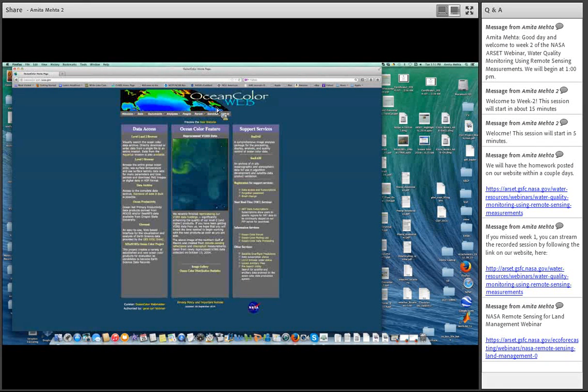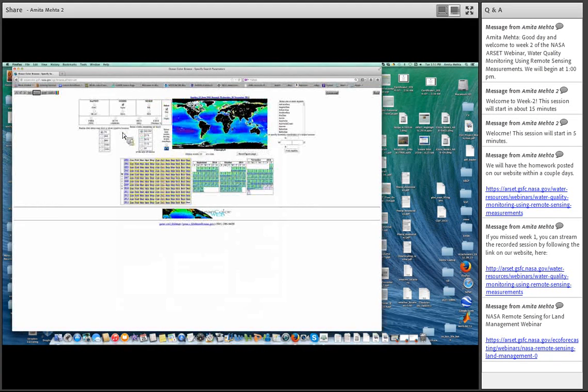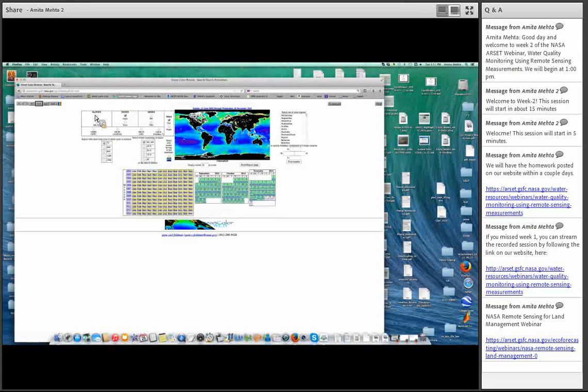And just to show an example, this is the ocean color web that provides data in level 1 and 2 as well as level 3. And just to see level 1 data, a number of sensors are available, SeaWiFS and MERIS from the past, Aqua MODIS and Terra MODIS are available, and VIIRS is available.